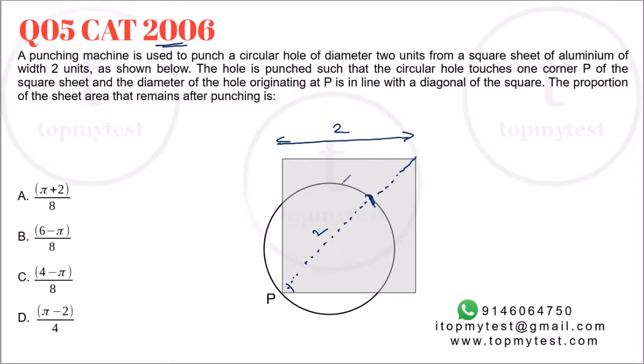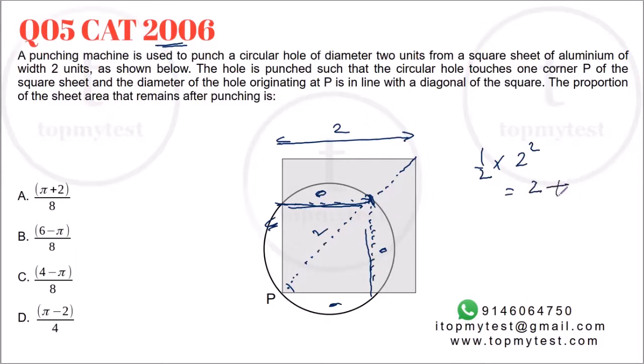Now the first part can be answered using the second part. If you draw the lines again, whatever is the area here will be the area here, whatever is the area here will be the area here. Now we know this is a square of diagonal 2 units, right? So the area of just this square will be half of 2 square, which is 4 by 2, which is 2.